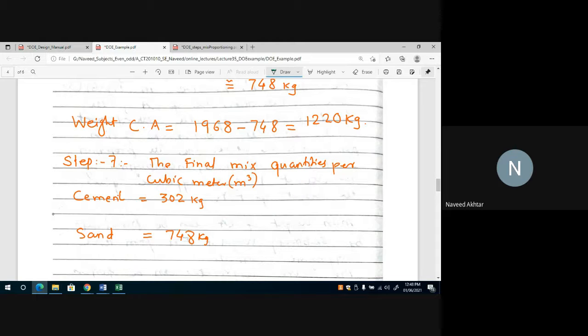The value of water we have calculated is around 160 kg, and the value of the coarse aggregate we have calculated, that is 122 kg. So this is the final mix.